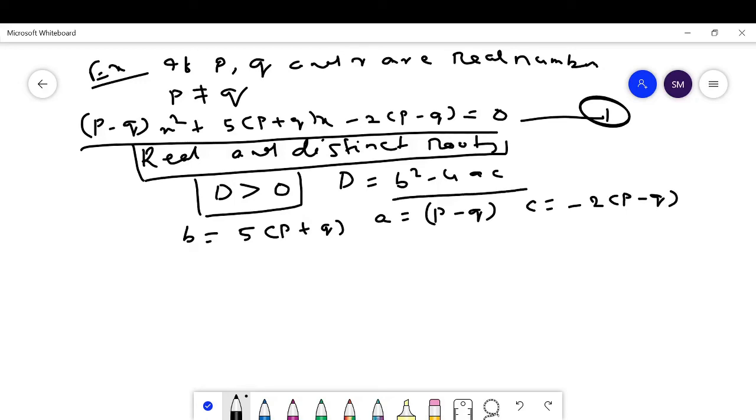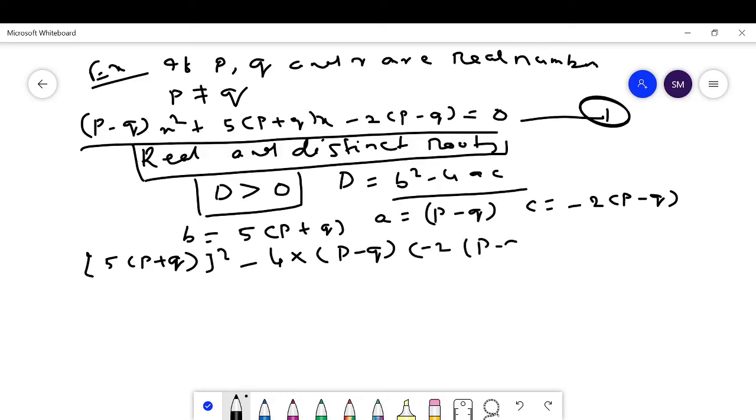Then here b square minus 4ac is 5 into P plus Q whole square minus 4 into P minus Q into minus 2 into P minus Q, and for this we have to find out that this equation has real and distinct roots. This means we have to find out that d must be greater than 0.